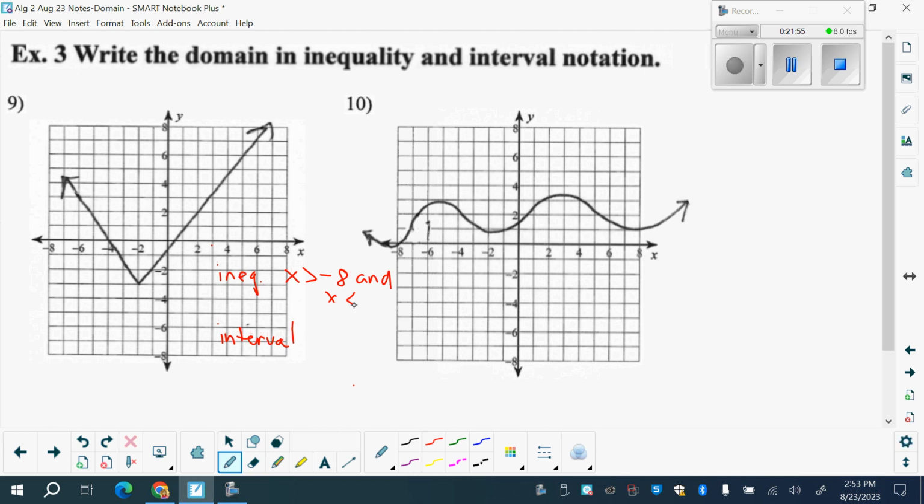Good, x is less than infinity. Oops, I put an 8, sorry about that. I do that sometimes when I go to write my infinity. So x is greater than negative infinity and x is less than infinity. You can write it as one compound inequality like this, or write the two separately. You don't have to do both, one or the other.